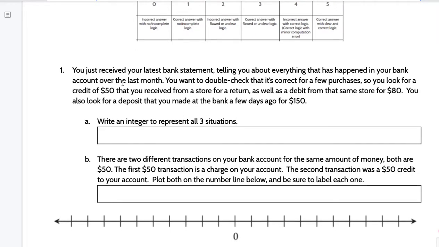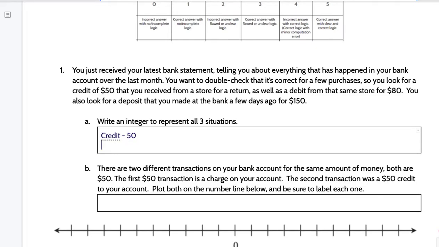You received your latest bank statement. Write an integer to represent all three situations. You look for a credit of 50. A credit would be $50. A debit from the same store of $80.